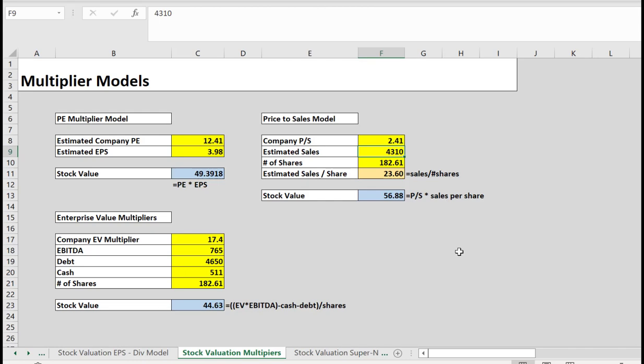What happens if sales increase? All of these are variables that have impact on price. Of course, it's the management's job to manage these variables to ultimately maximize share value.